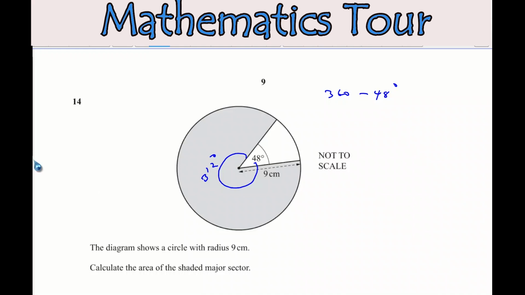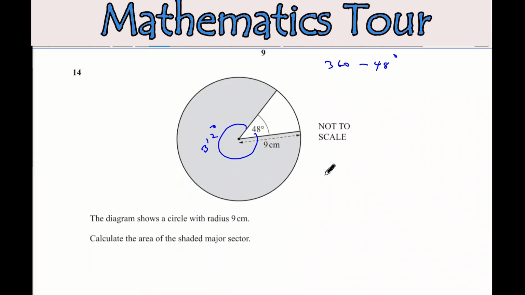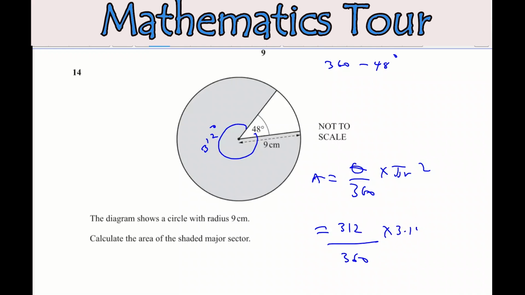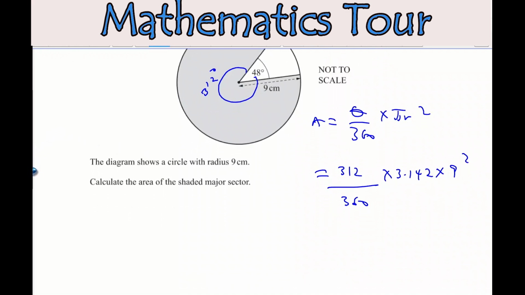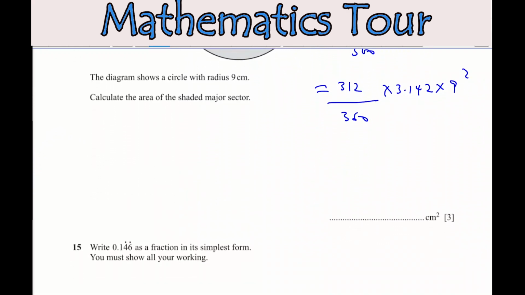So the area will be equals to theta over 360 times pi r squared. So this will be equals to 312 over 360 multiplied by 3.142 multiplied by the radius 9 squared. So you can actually input the whole of this into your calculator and your answer should be equals to 221, correct to 3 significant figures.